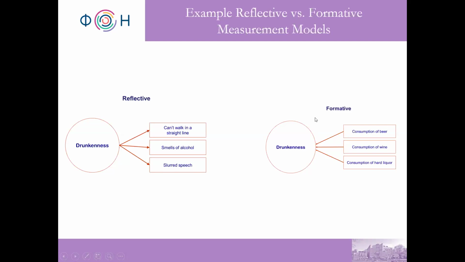On the other side, formative is the type of relationship where our measured variables have an impact on our latent variable. So in a formative model, we would be observing how consumption of beer, wine, and liquor have an impact on our drunkenness. This is also what one should have in mind: different approaches to creating latent variables can be taken.